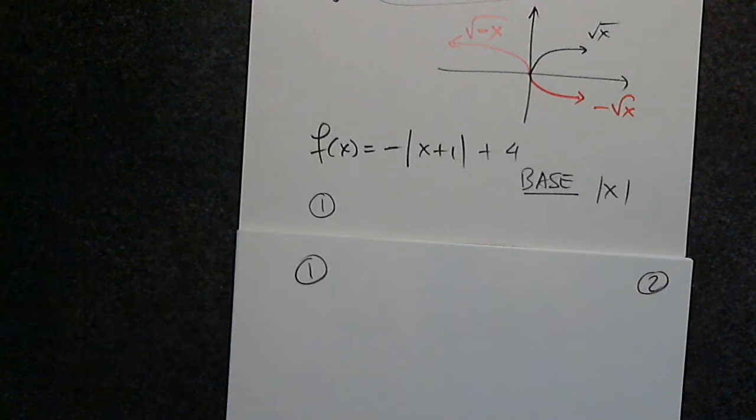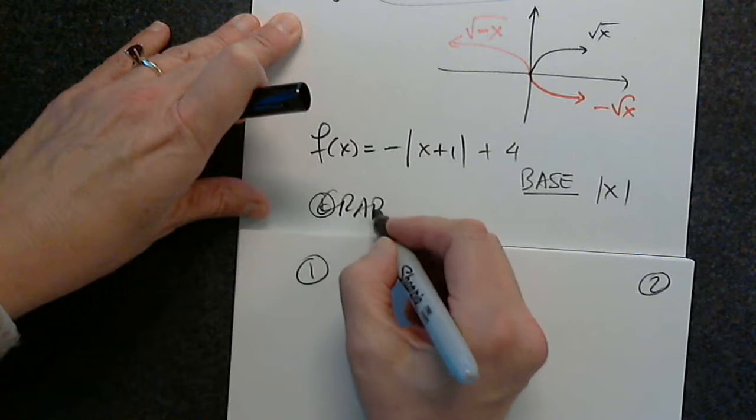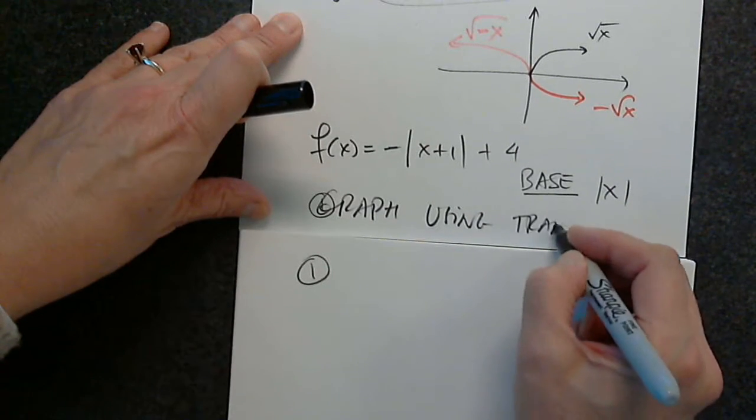How do we think about it? What is the correct order? Jay, go ahead. We have to, let me write it down. Graph, sorry about that, using transformations.